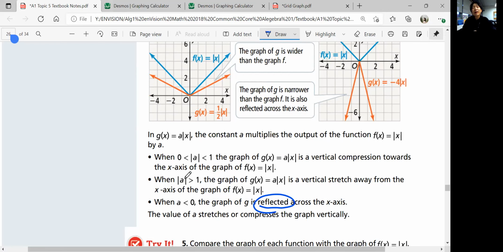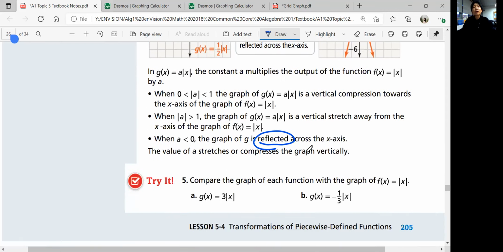The negative sign is a different transformation. You just have to look at the absolute value of a to figure out if it's a stretch or compression. The value of a stretches or compresses the graph vertically because it is outside your absolute value. Okay, try number 5.